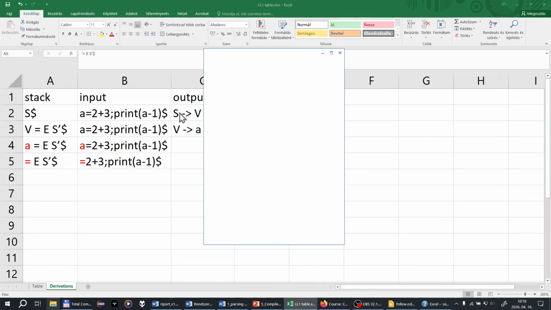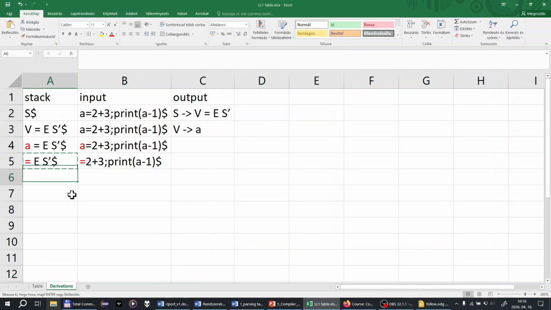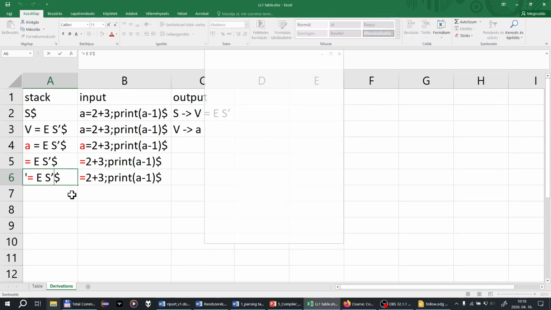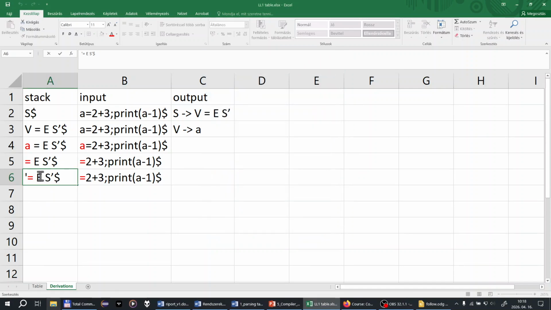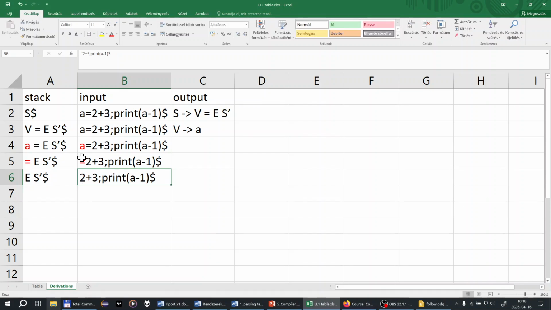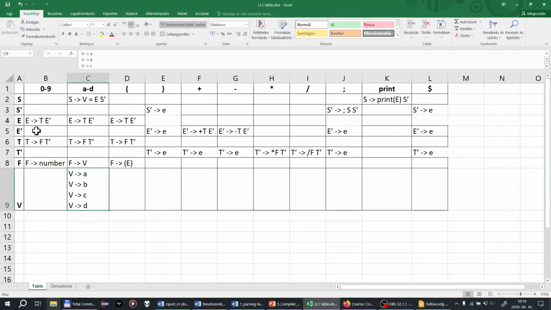And then we have E and 2 plus 3. Okay, for the E and the number, here we have E and the number.